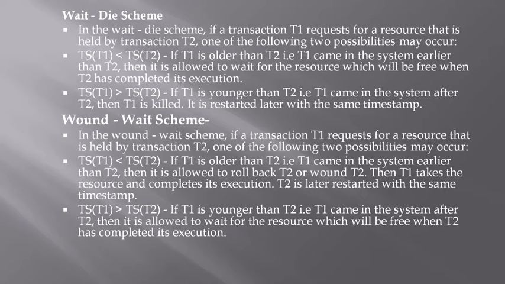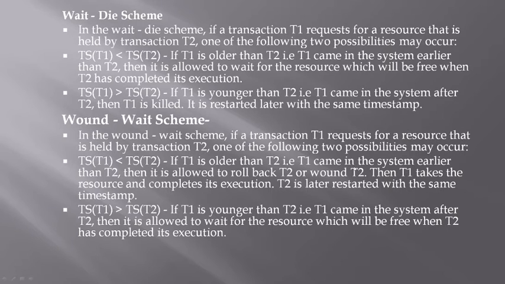Next one is T1 greater than T2, which means T1 is younger than T2. So T1 came into the system after T2, and it is allowed to wait. So wait for some time. After completion of T2, I will give the permission to access the resources. So there are two conditions.